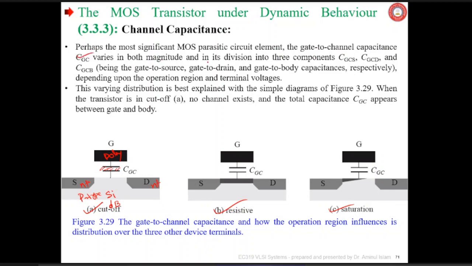both in magnitude and in its division into three components: CGSO, CGCS, CGCD. CGCS means source side capacitance.